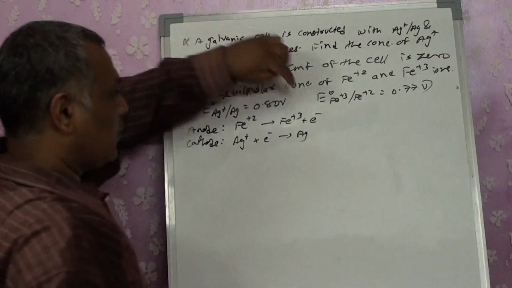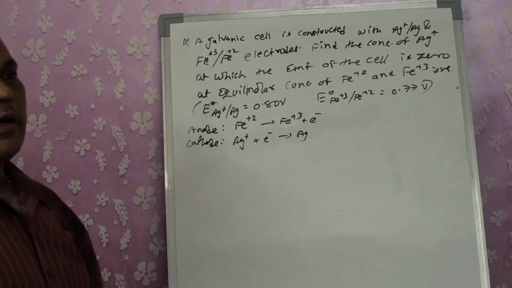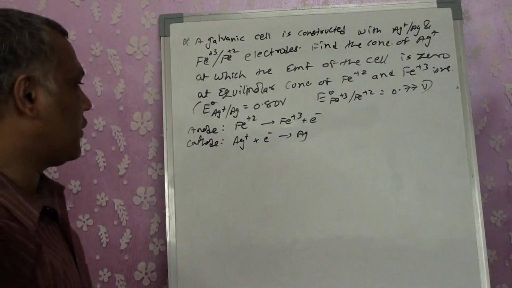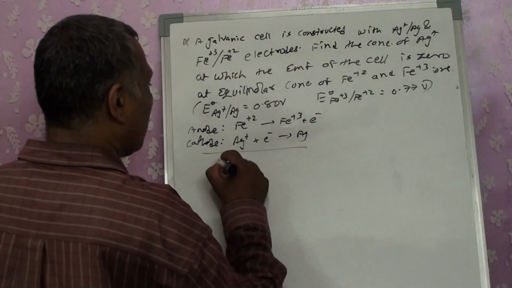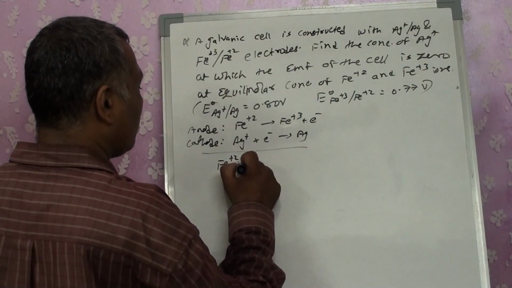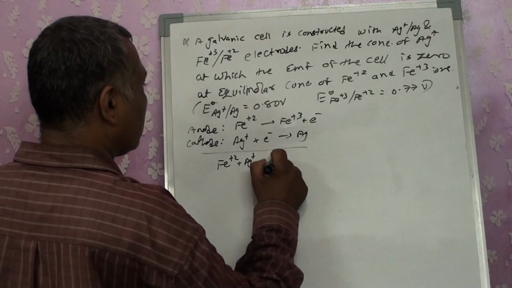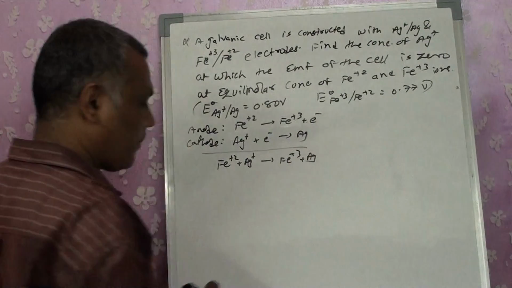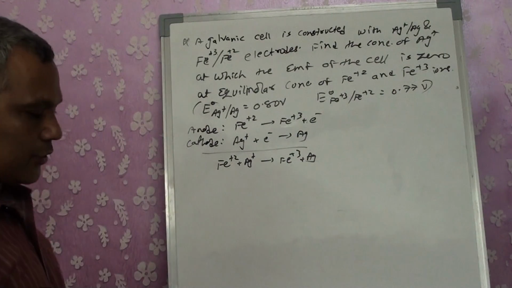In this reaction, one electron is donated by Fe, one electron is gained by Ag, so the balanced reaction is there. So the net reaction is Fe plus 2 plus Ag plus gets converted into Fe plus 3 plus Ag.